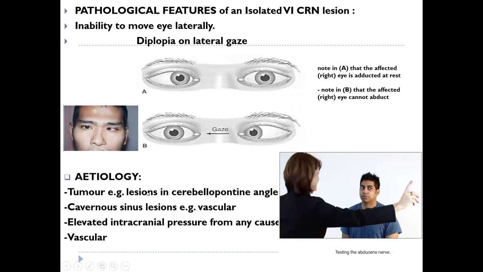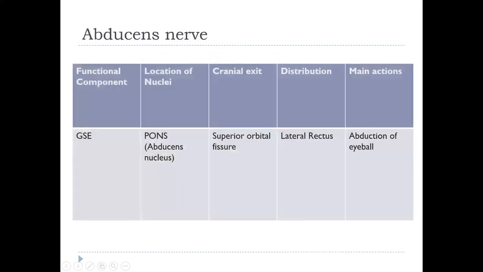So different causes of injuries could be tumors affecting the cerebellopontine angle, cavernous sinus lesions, intracranial pressure in general, and mostly affecting is the vascular lesions of the pons. So these may result in abducent lesion also affecting the nucleus or the nerve. So that is the summary of the abducens nerve.